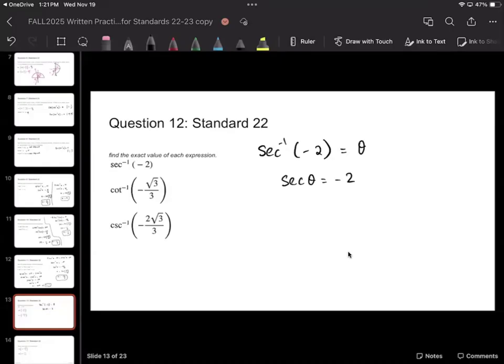Now what is secant after all? Secant is nothing but 1 over cosine, which means cosine theta is negative 1/2. Now where is cosine theta negative 1/2 in this interval? We know that. That is 2 pi over 3.